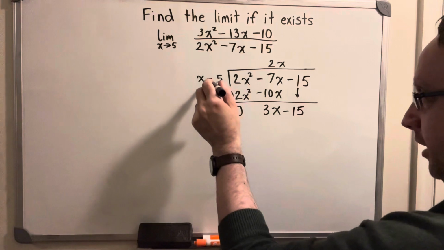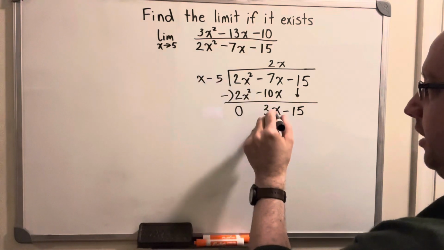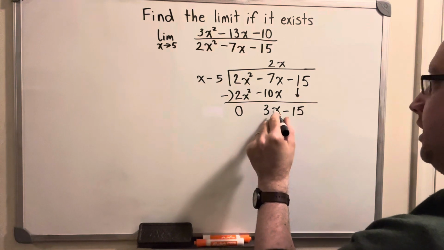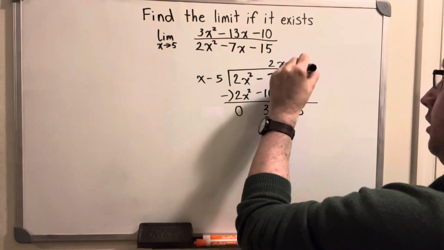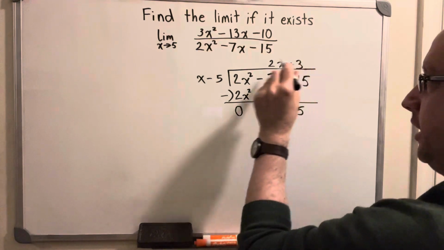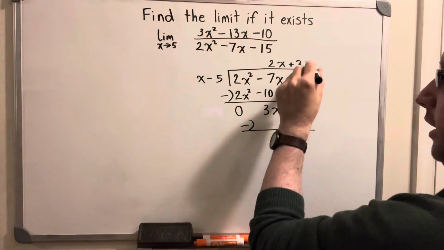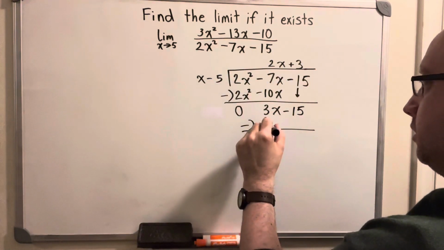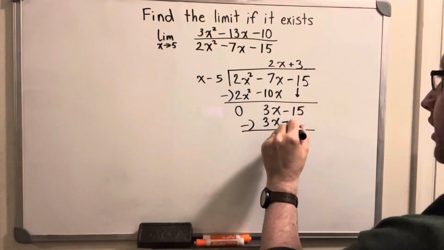Now I look at the leading term again, and I say x times what is 3x. That's easy. It's just positive 3. Now, 3 times x is 3x. 3 times negative 5 is negative 15.